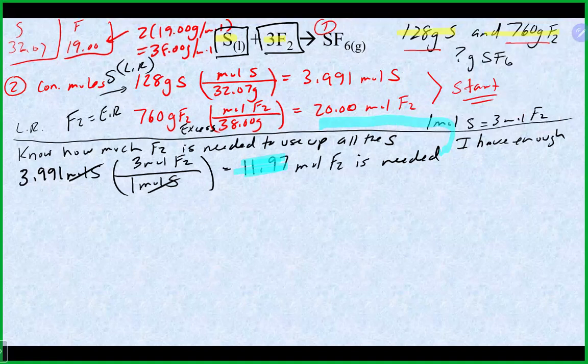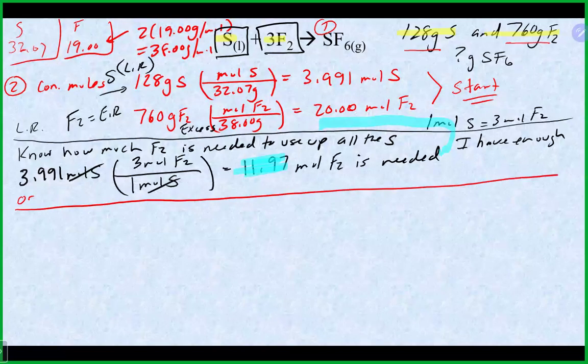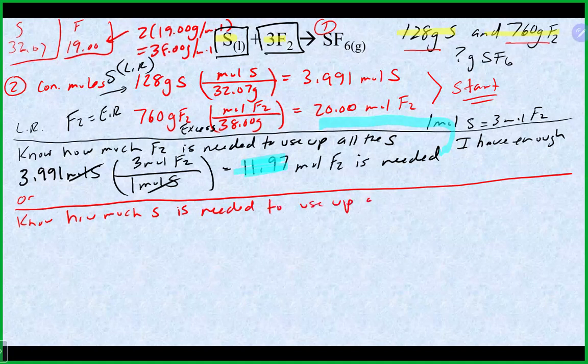So let's just say I wanted to do the other calculation, which is I want to know how much sulfur is needed to use up all my fluorine. I would start with the starting amount of my fluorine, which is 20 moles.